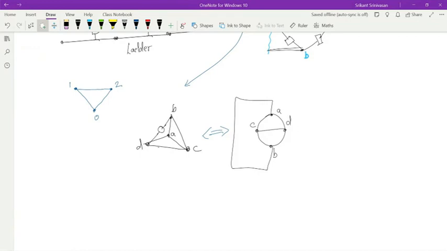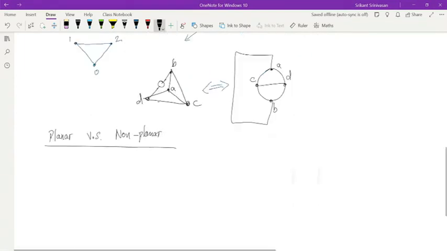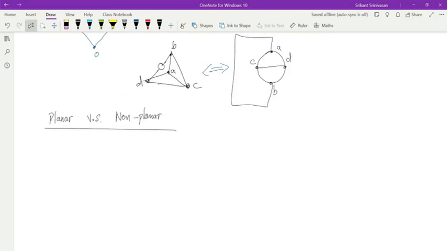So there is a class of networks which are known as planar, and the other one is non-planar. This is what I started off discussing, that planar means you can draw it in 2D without any intersections. So supposing I draw something like this. This is a planar network, okay?